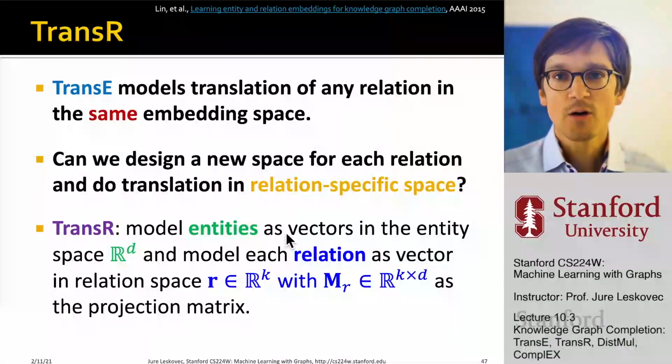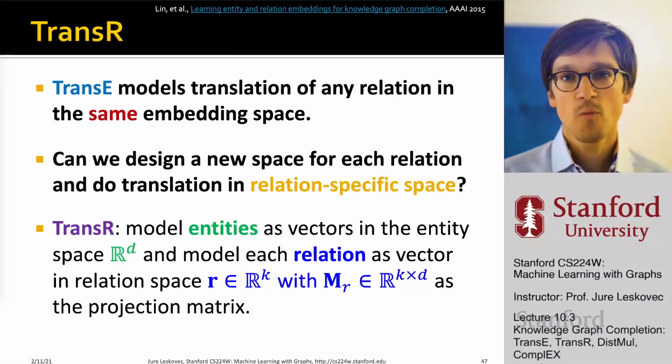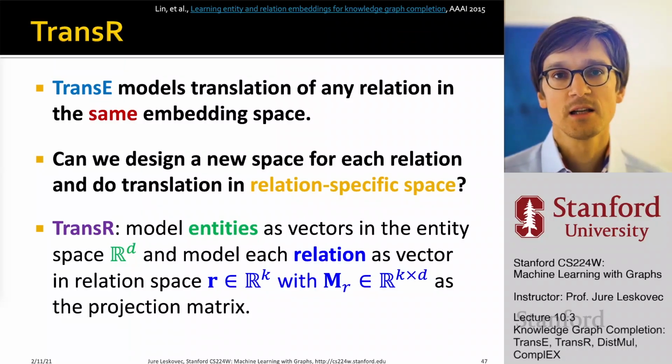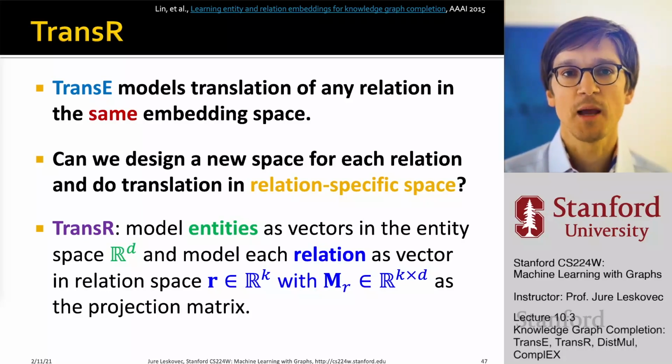So let's look at a different method called TransR that will allow us to fix some of these issues. What we have seen so far is that TransE models translation of any relation in the same embedding space. So the question is, can you design a new space for each relation and do the translation in a relation-specific space?